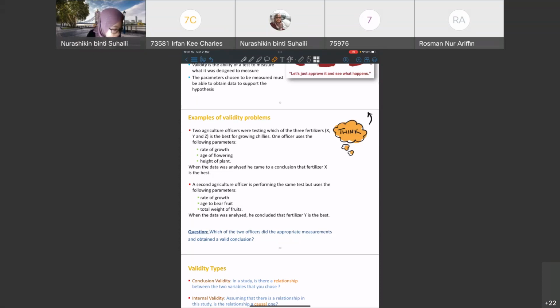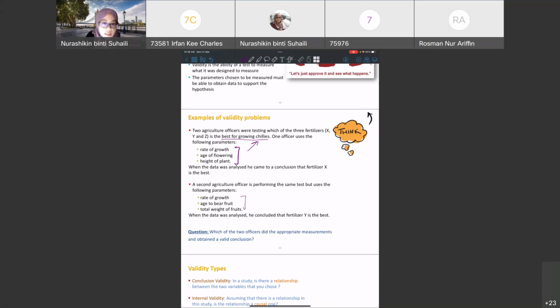So it means that here, the things that these 2 officers are measuring are different. So it will lead to different conclusions. So it depends lah. Maknanya contohnya, let's say here the objective is to test which one is the best for growing chilies. So the parameter yang you are measuring must be valid, in a way that actually answers this problem.